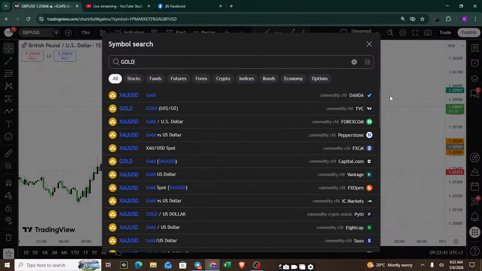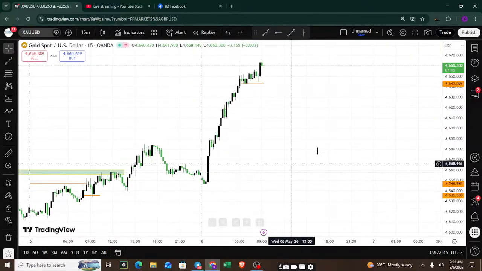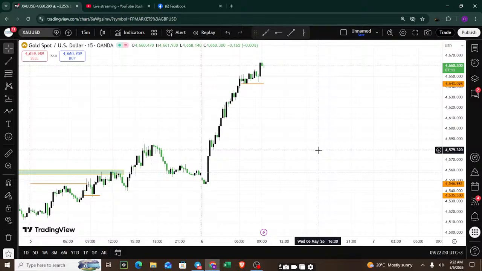Now, for this gold system, we have said that it is not going to appear every day. After backtesting it, I've discovered that it will only appear on half of the trading days, and sometimes it will appear twice or thrice in the same session, and even sometimes multiple times in both sessions.